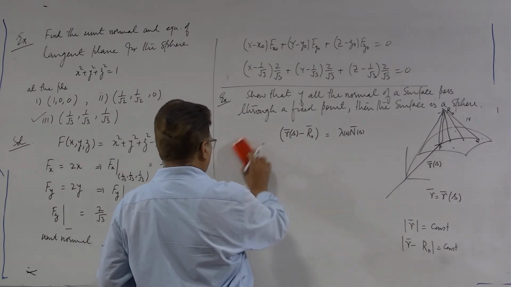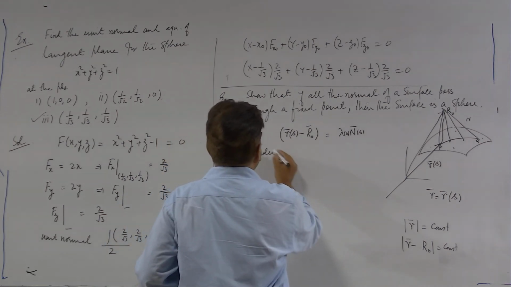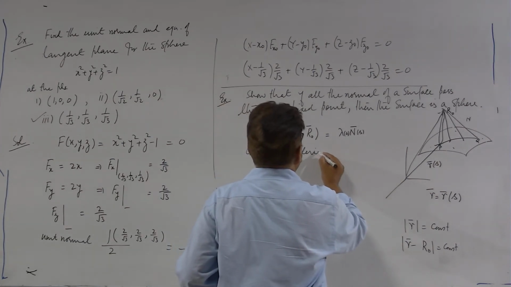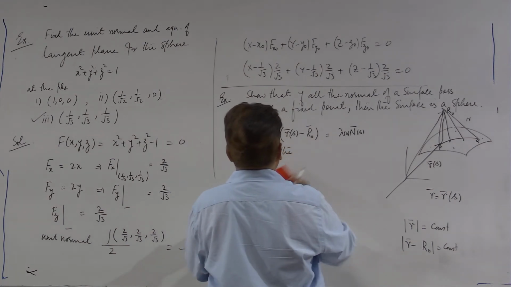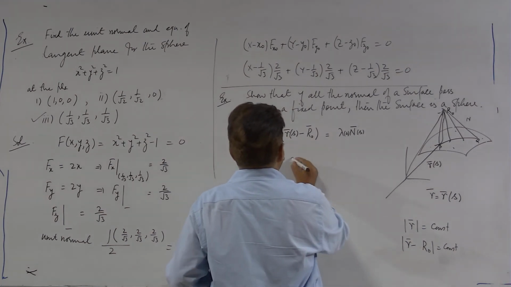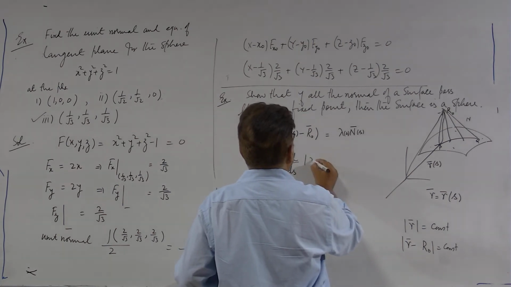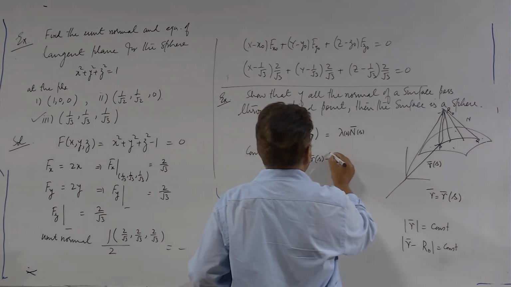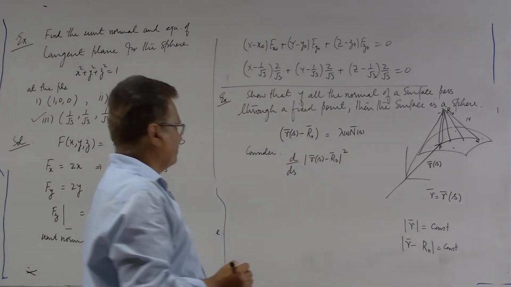So what I will do, consider this derivative, d by ds of modulus of Rs minus R0, whole square. Okay.